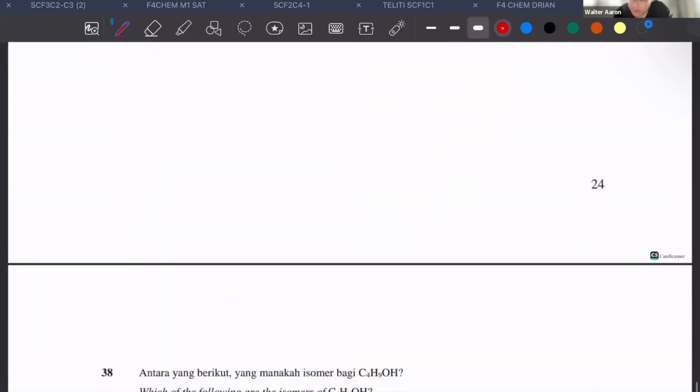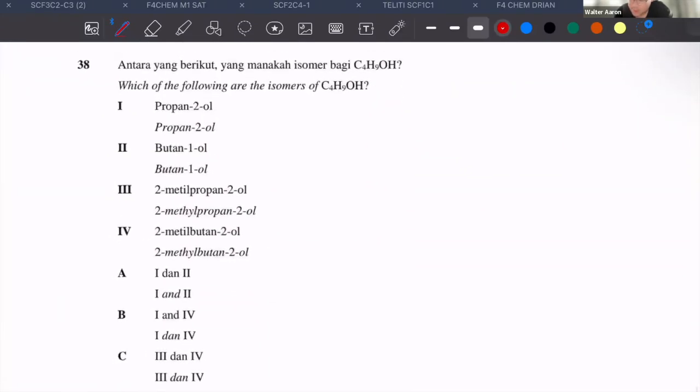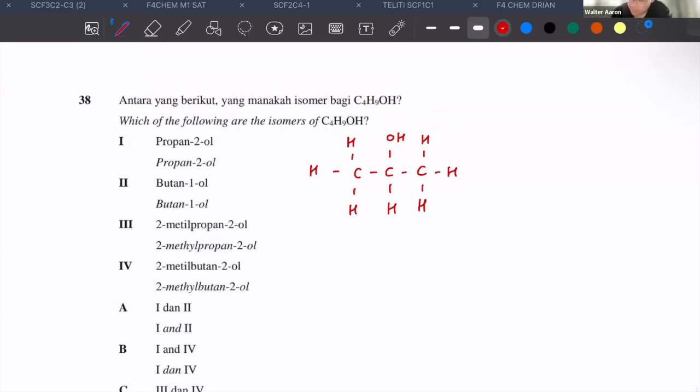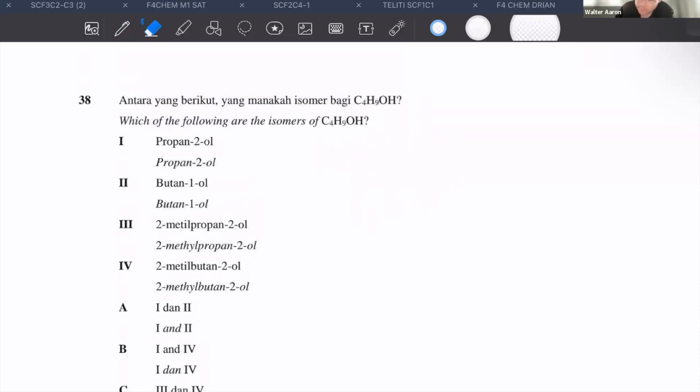38, which of the following is not an isomer of C4H9OH? So you can draw one by one. So propan-2-ol will be something like this. I'm going to draw a very small one because it's going to take up space. Okay, first of all, this is C4. You know what? Never mind drawing, you can just write the formula straight away, isn't it? So this is C4.